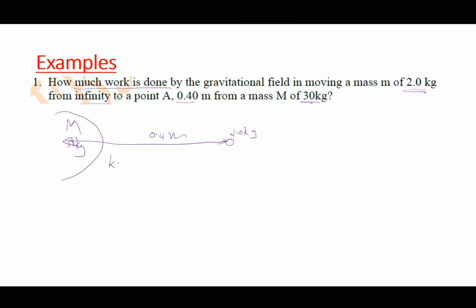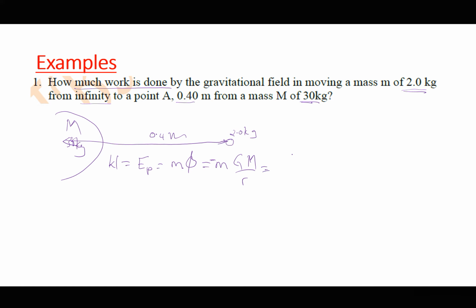So the work done, which is equal to the potential energy, is going to be equal to the mass times the potential. So this will be equal to the mass times capital G times capital M divided by R, but remember the potential is negative because we are moving from infinity where potential is zero.